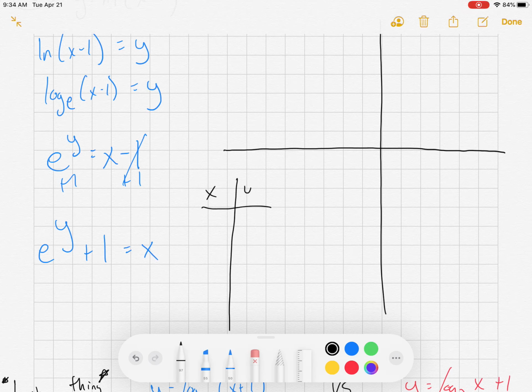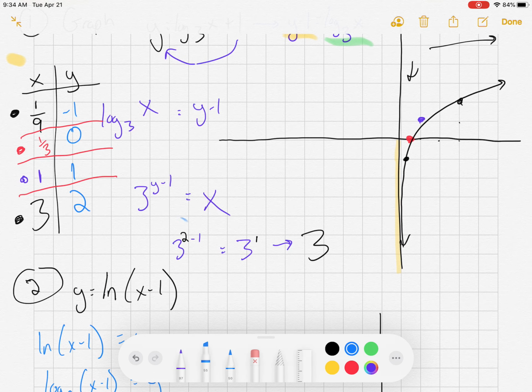Okay, so now what I need to do is make an xy chart. And again, I'm not plugging in values for x. I plug in values for y on these logarithmic graphs. So I'm going to plug in -1. I'm going to plug in 0. I'm going to plug in 1. And I'll plug in 2.